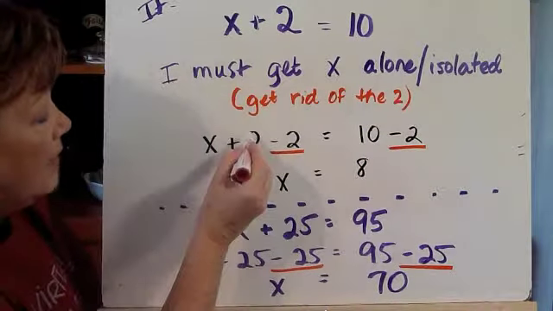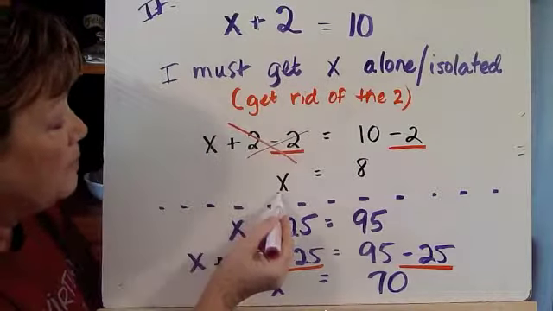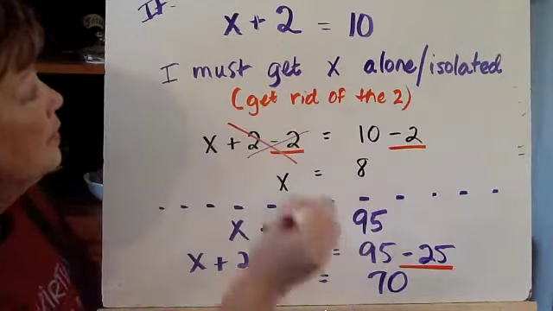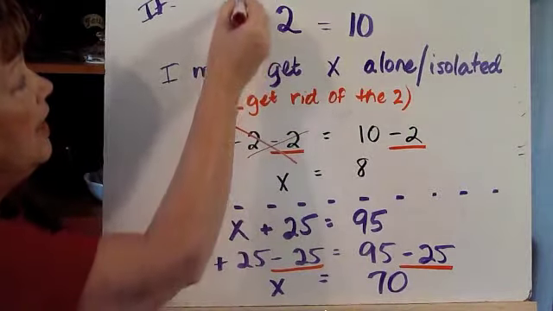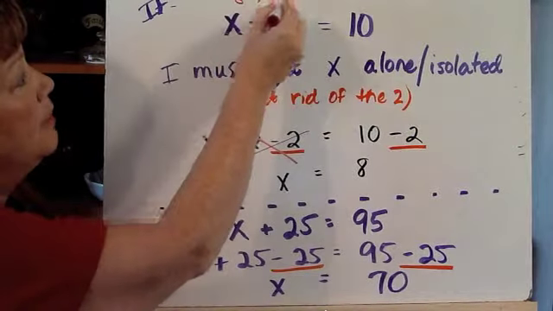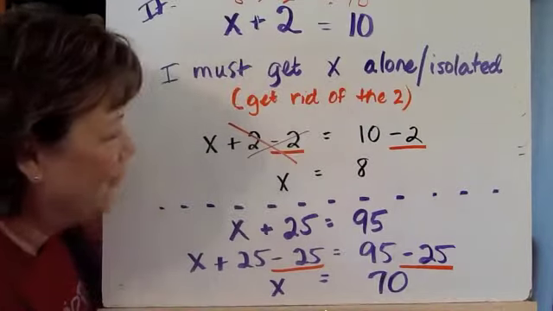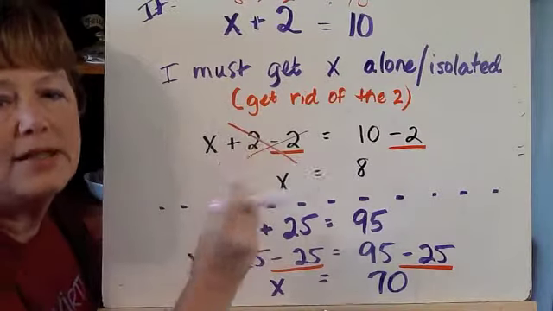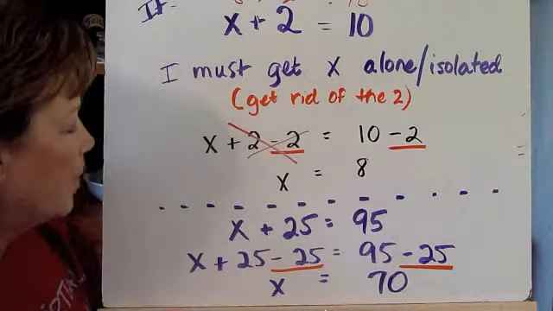When I do that, those are gone. And that leaves me x by itself. And 10 take away 2 equals 8. So up in this spot here, instead of the x, it could be 8 plus 2 equals 10. Of course, you already knew that, I'm sure. I wanted it to be easy. I want you to learn the process.